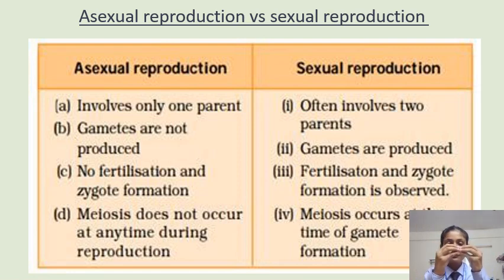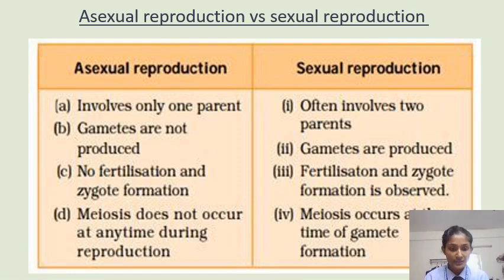When they fuse together, they form a zygote. In asexual reproduction there is no involvement of gametes, so there is no fertilization and no zygote formation. While in sexual reproduction there is formation of sex cells, these sex cells fuse, and after fusing together they form a zygote.